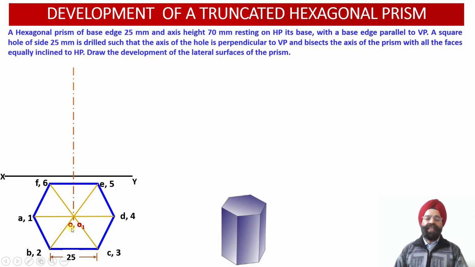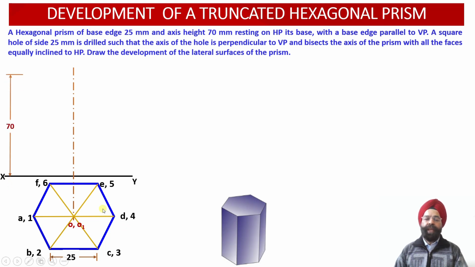The point of intersection of the three diagonals 1-4, 2-5 and 3-6 gives the axis points O and O1. Point O lies on the top face of the hexagonal prism, whereas point O1 of the axis is located on the base of the hexagonal prism.